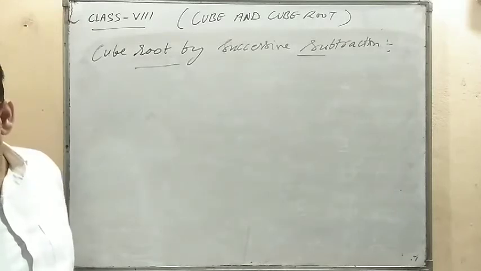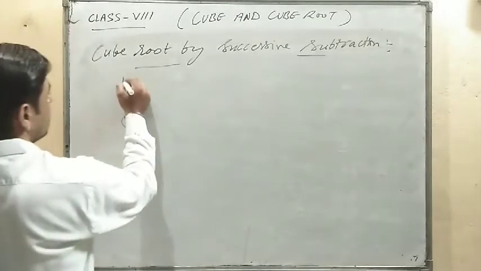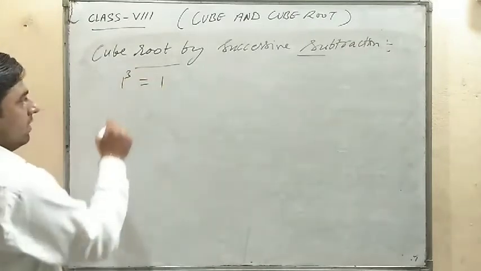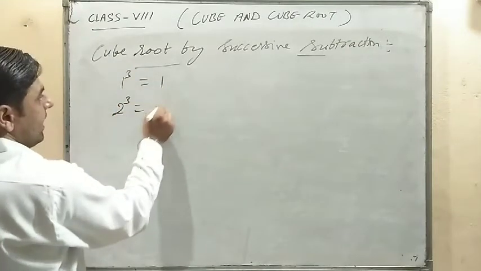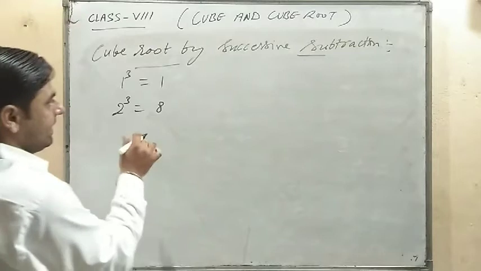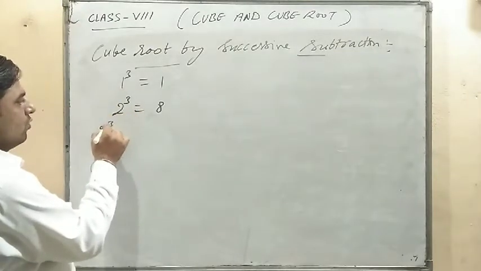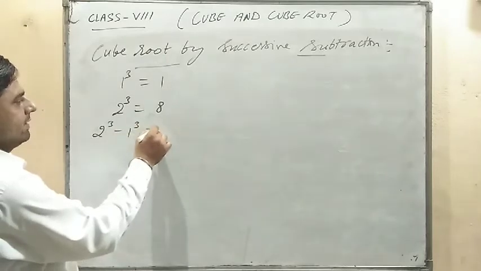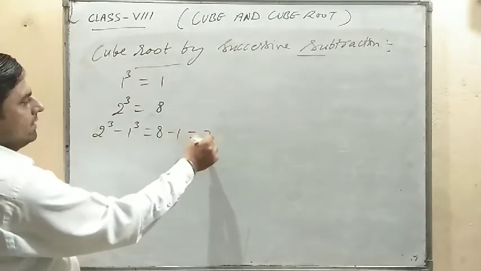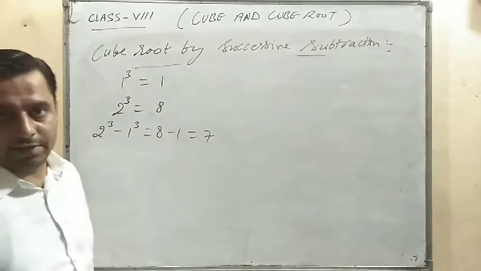So you know 1 cube is equal to 1, 2 cube is equal to 8. Now we will make the difference between both of them. 2 cube minus 1 cube, that means 8 minus 1, so the result is 7.